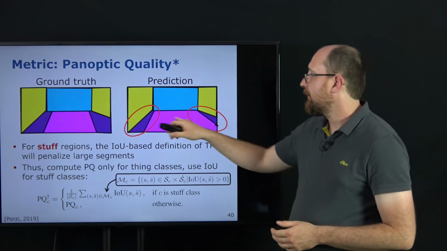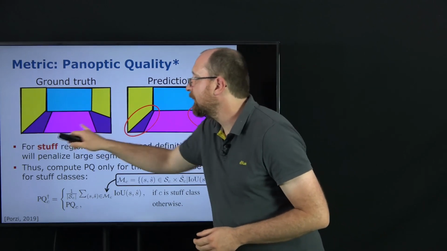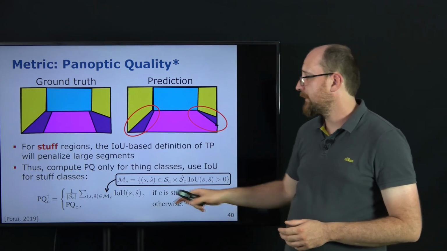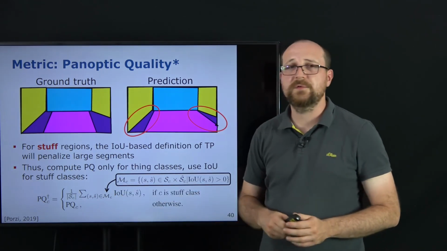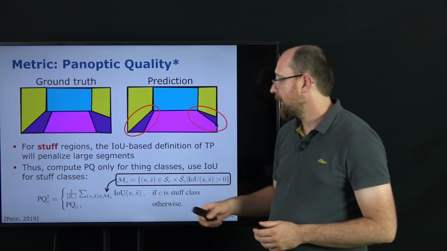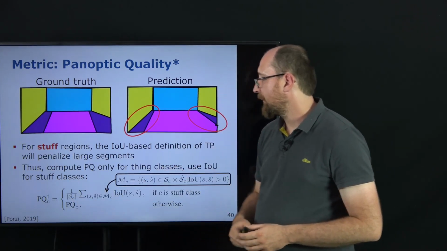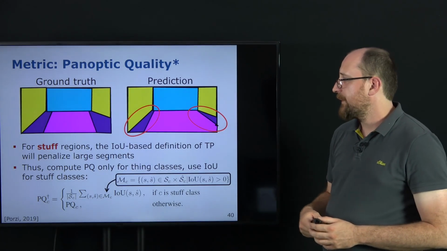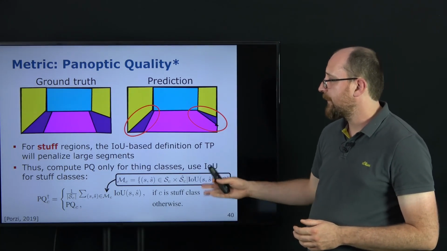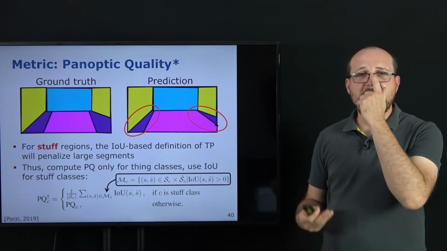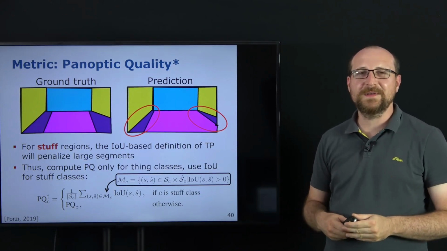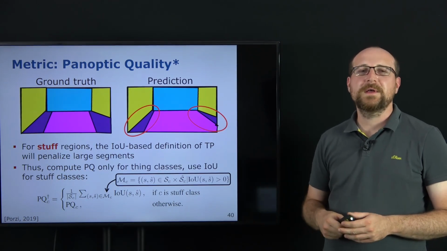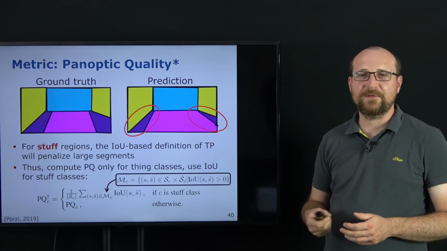So in this case, this would be associated with the sidewalk here. And then we are computing the intersection over union between these two segments and dividing by the ground truth size. By using this, we are getting a much better panoptic quality in the end that we can also use to fairly account for the semantic segmentation of stuff.